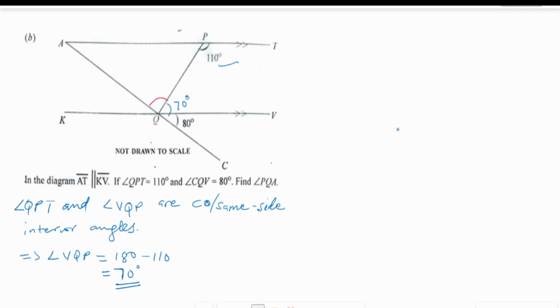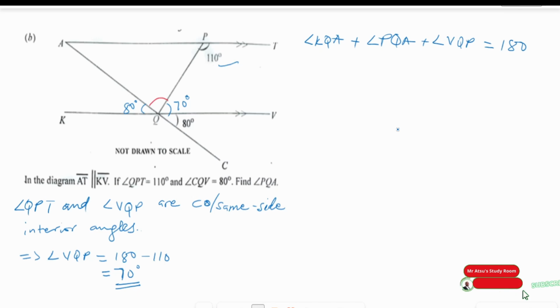Now that we have this, there are so many ways we can get our missing angle. And I'm just going to choose one of them. The angle here is vertical to the 80 degrees here. So that means that here too is 80 degrees. Then, taking angles on a straight line, we are going to have angle KQA plus angle PQA, which is the angle we are solving for, and then plus angle VQP equals 180 degrees.